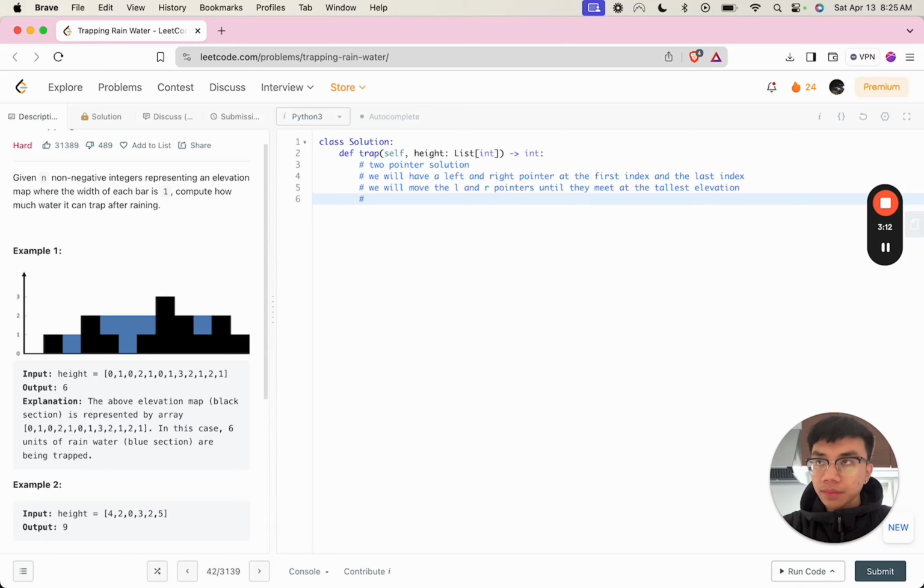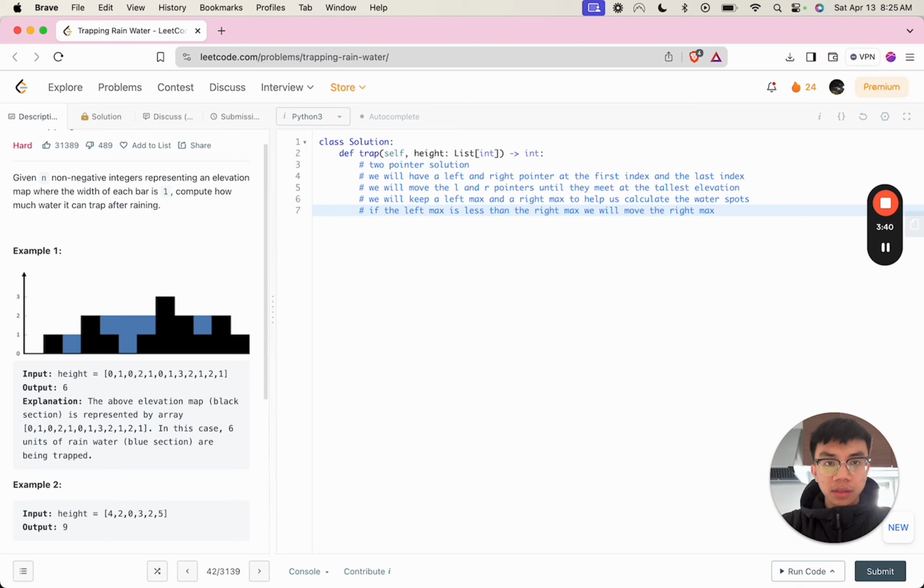So we will keep a left max and a right max to help us calculate the water spots. And then we'll get into our algorithm right here. So if the left max is less than the right max, we will move the left pointer, sorry.